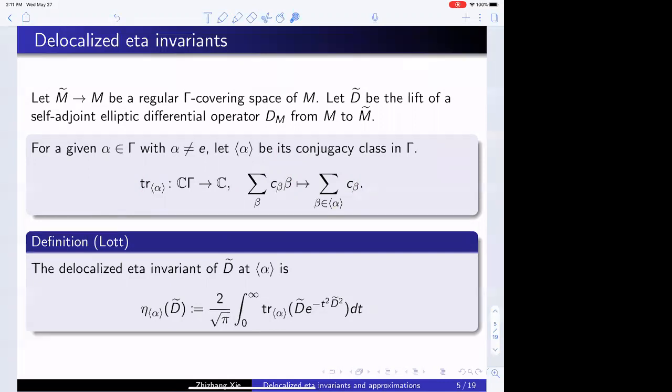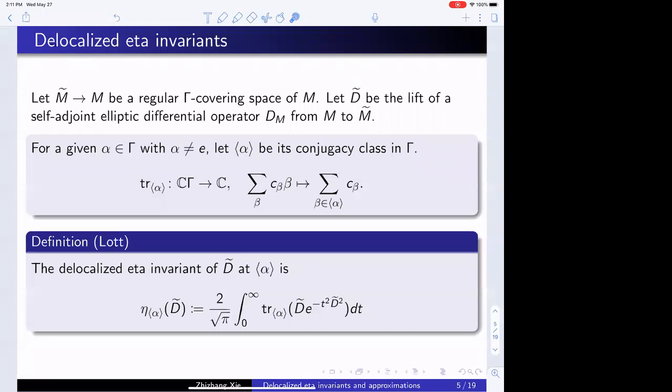And now the delocalized eta invariant of this D tilde at this conjugacy class is defined to be this. It's really just the same formula as before, but now we replace the standard trace by this delocalized trace. So we work over some covering space, and then we use the same formula, but this time with the delocalized trace, okay?